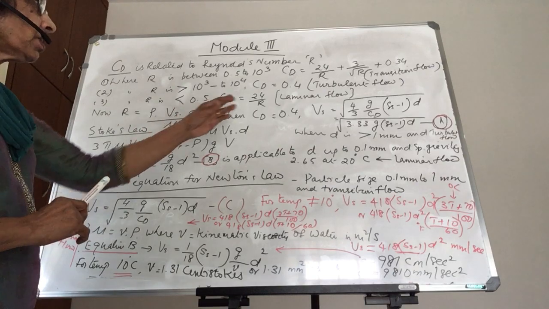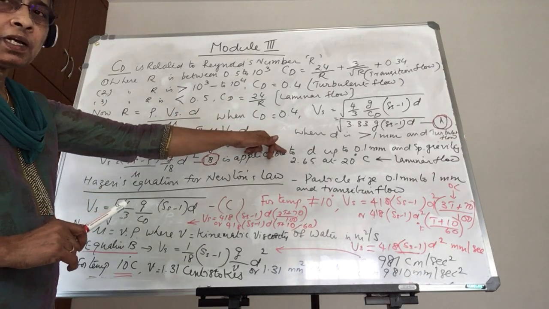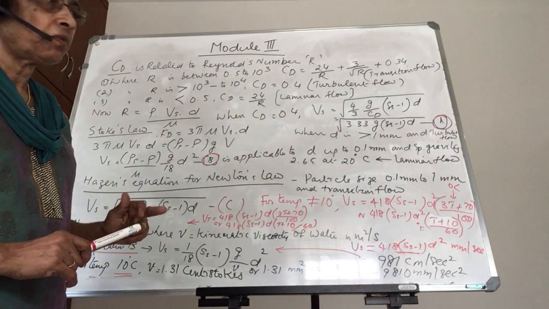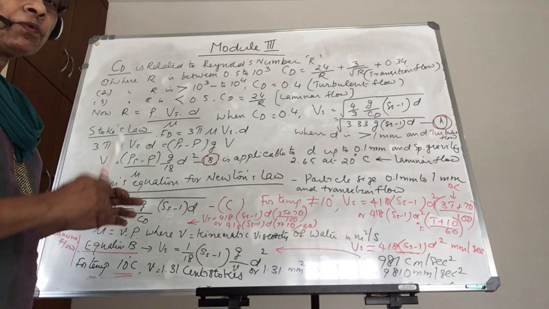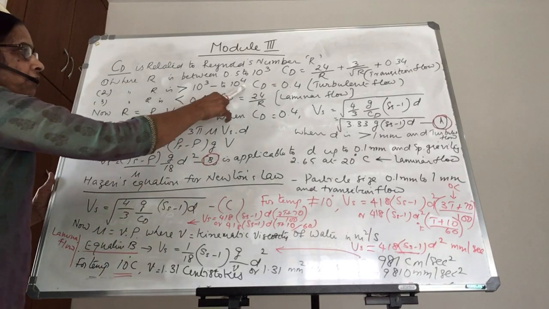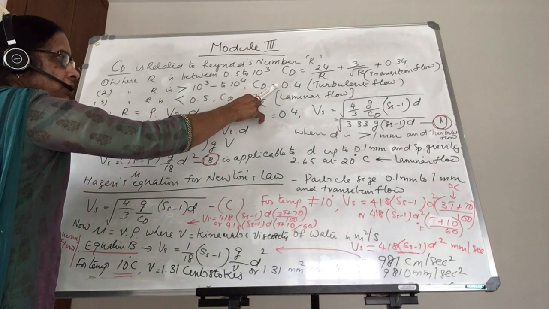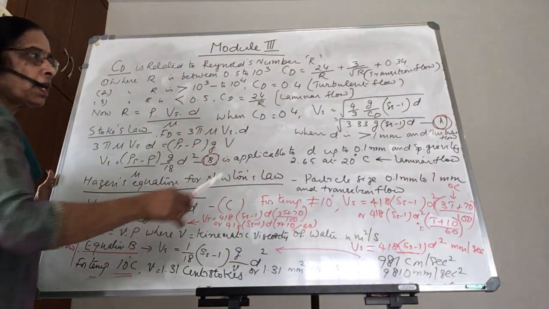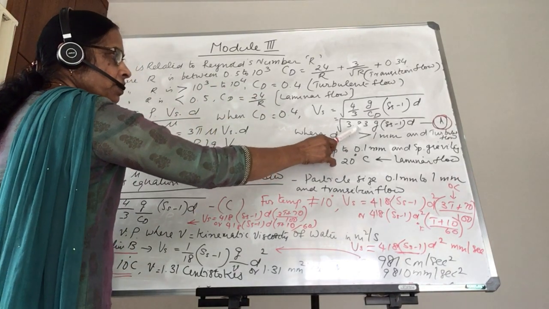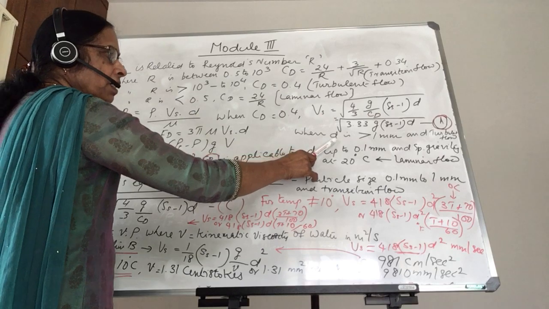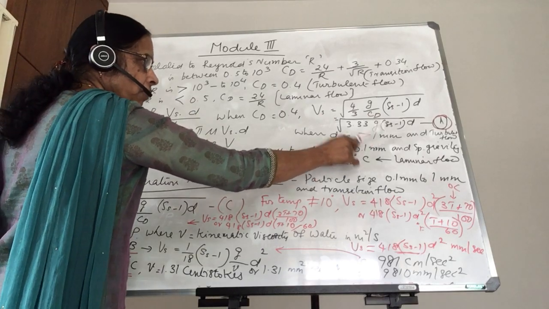So this equation is applicable when the diameter of the particle is greater than 1 mm and the turbulent flow condition prevails, where we took CD as 0.4.